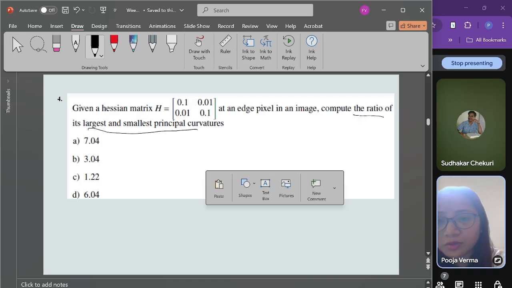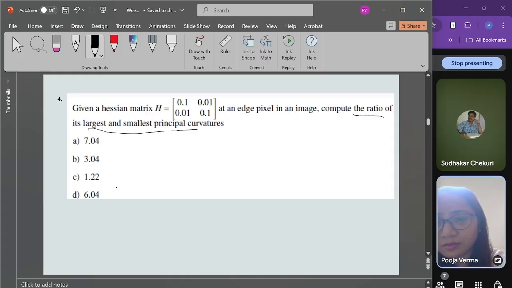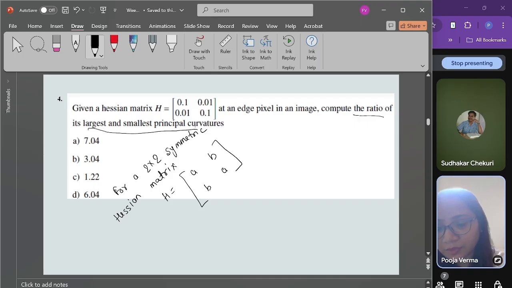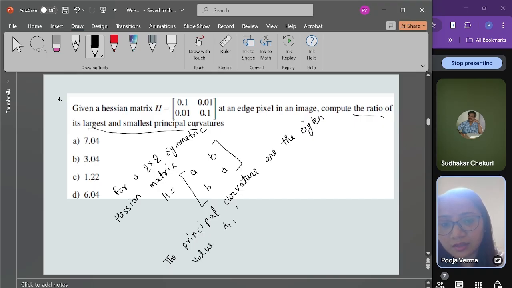So for a 2 cross 2 symmetric Hessian matrix, let's say H is a b, b a, the principal curvatures we can directly find out as the eigenvalues of the matrix, that is lambda 1 and lambda 2.